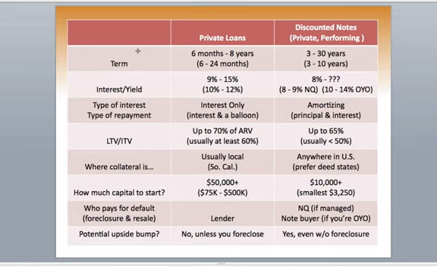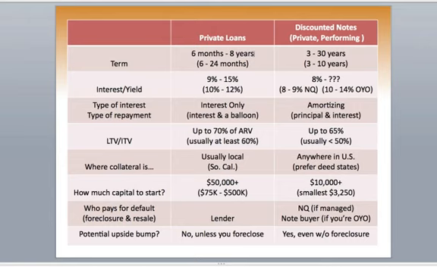Now, for private loans, most people think of pretty short terms, usually like 6 months to 2 years, because that's the guys who need to borrow money to do rehabs and flips and things like that. Sometimes it can go out to 8 years.